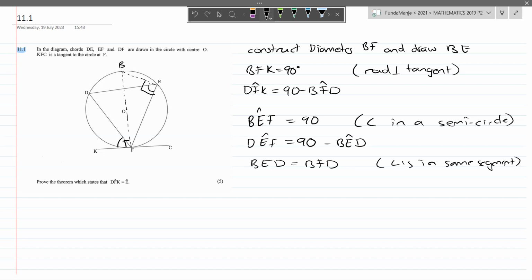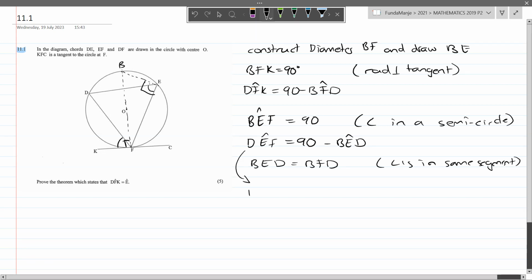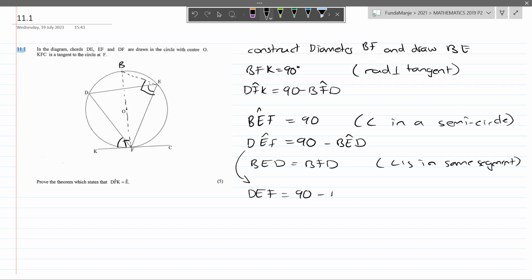Like that. So we can then take this and say that DEF is equals to 90 minus BFD, since BFD and BED are equal.